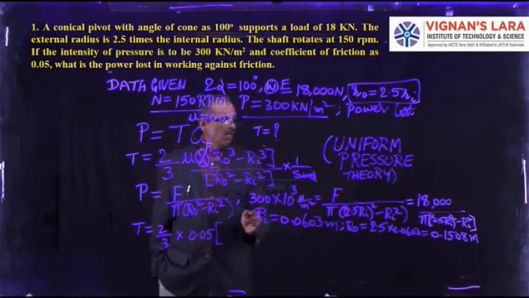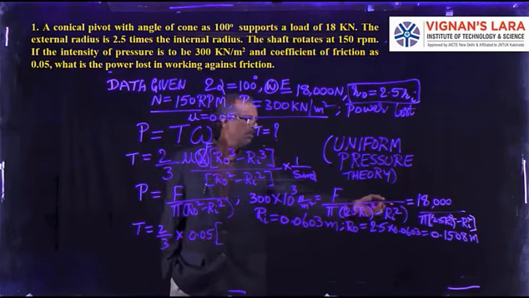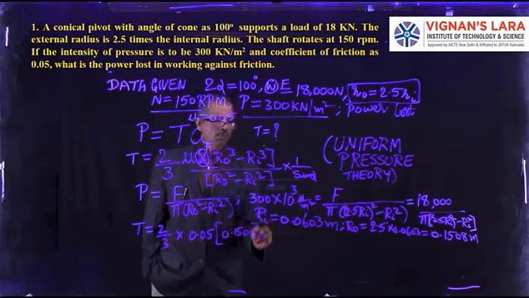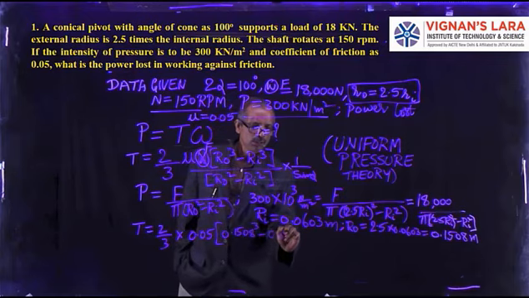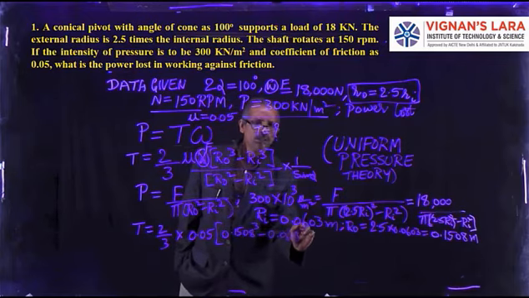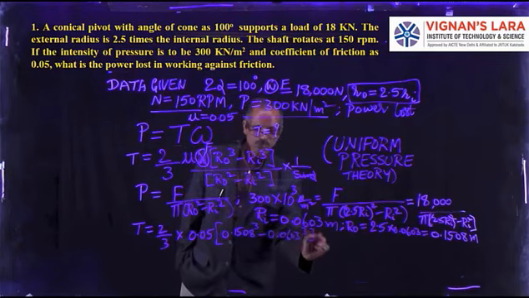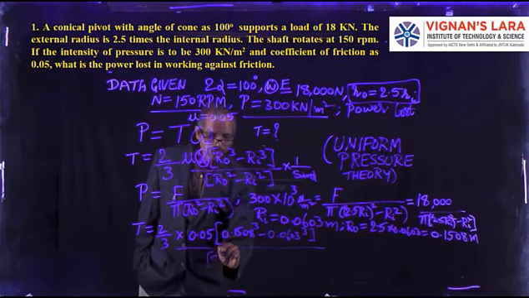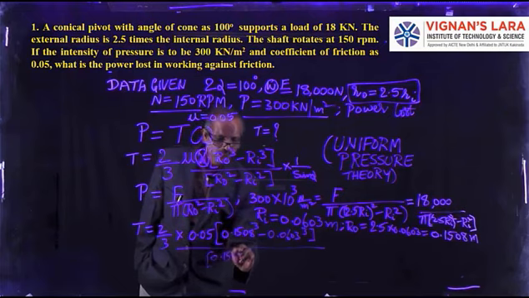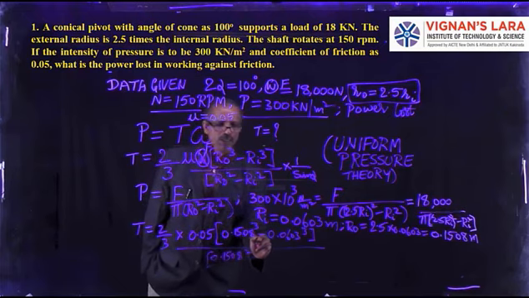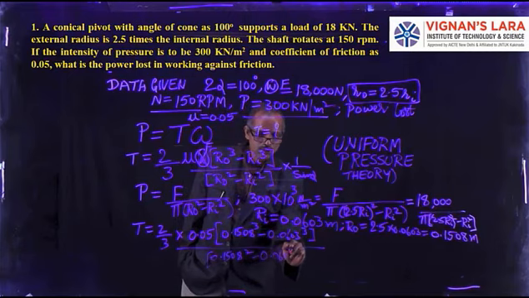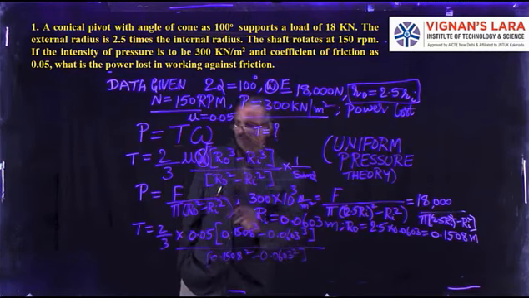So you have R naught and Ri values: 0.1508 cube minus 0.0603 cube, over 0.1508 square minus 0.0603 square.